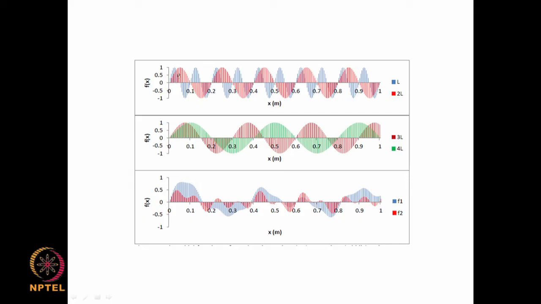And you have a red color thing here which has exactly twice the wavelength, and it is varying like this, and you have a dark red color here which has an even longer wavelength, which is 3 times the base wavelength here, and then you have a green one here which has 4 times the basic wavelength.